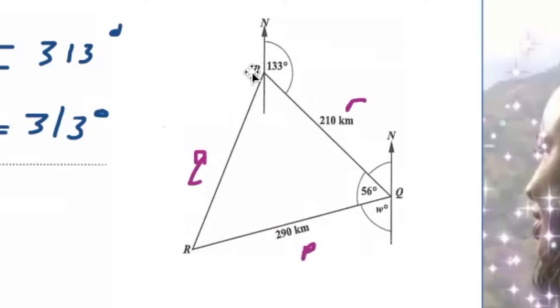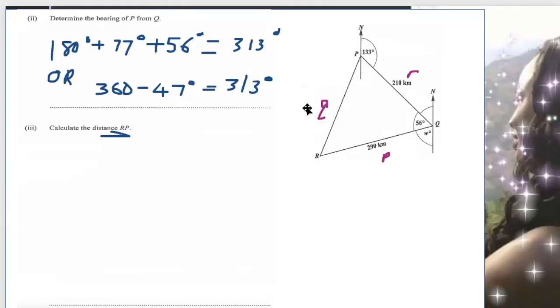Now we want RP. We have two sides and an angle, and we want a side, so use the cosine rule. So the cosine rule will be as follows. It will be q squared is equal to r squared plus p squared minus 2 times r times p times cos capital Q. So capital Q represents the angle, and r and p represent the sides, and q represents RP.